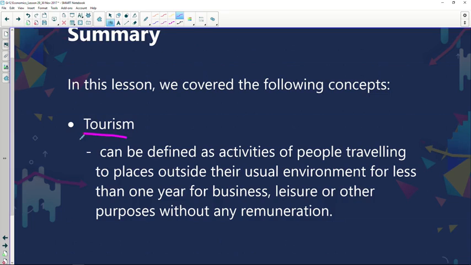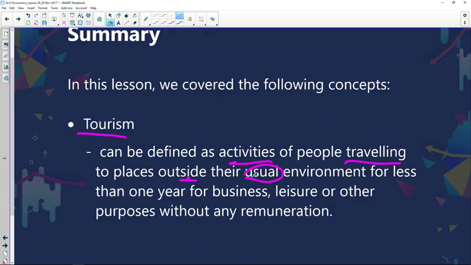So we've looked at tourism in this lesson, and then we said it can be divided as activities of people traveling. So it does involve some traveling of some sort to places outside their usual environment. So you can't be in your usual environment.